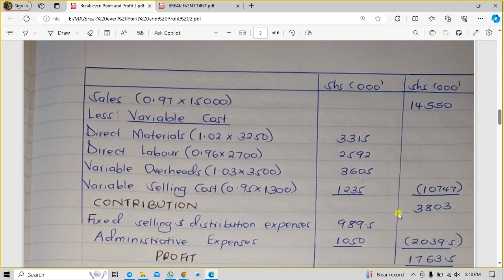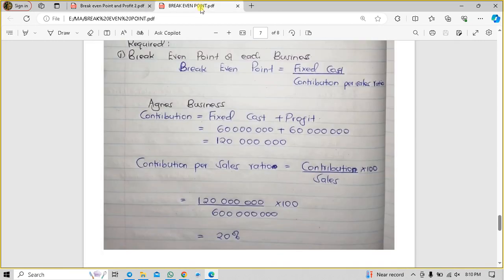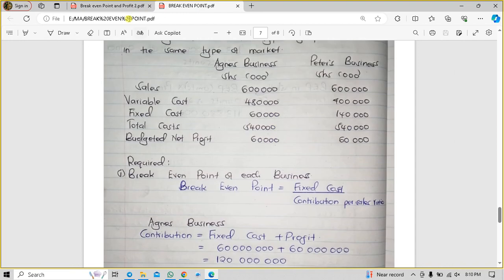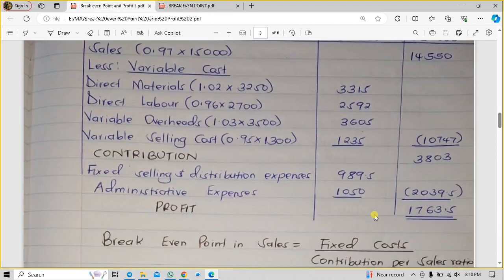Okay, if there's no question, 3803. Yes, this is the contribution. This is contribution, and this is the fixed cost. So sales, the formula is sales minus variable cost is going to give you contribution.